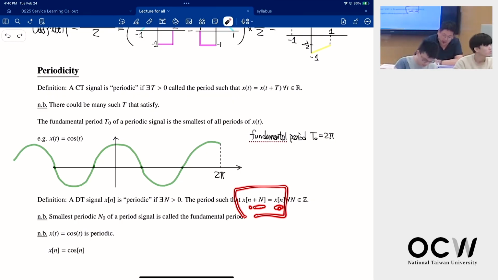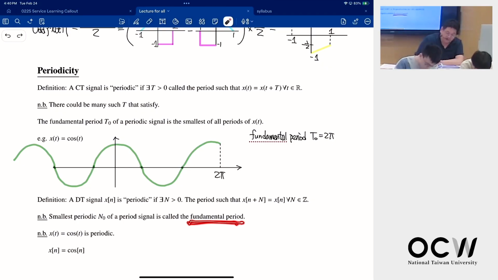And this N is an integer. Be careful, the integer here is not a real number. Integer means 1, 2, 3, 4, 5, minus 1, minus 2, minus 3. Then the smallest such N naught is called the fundamental period.